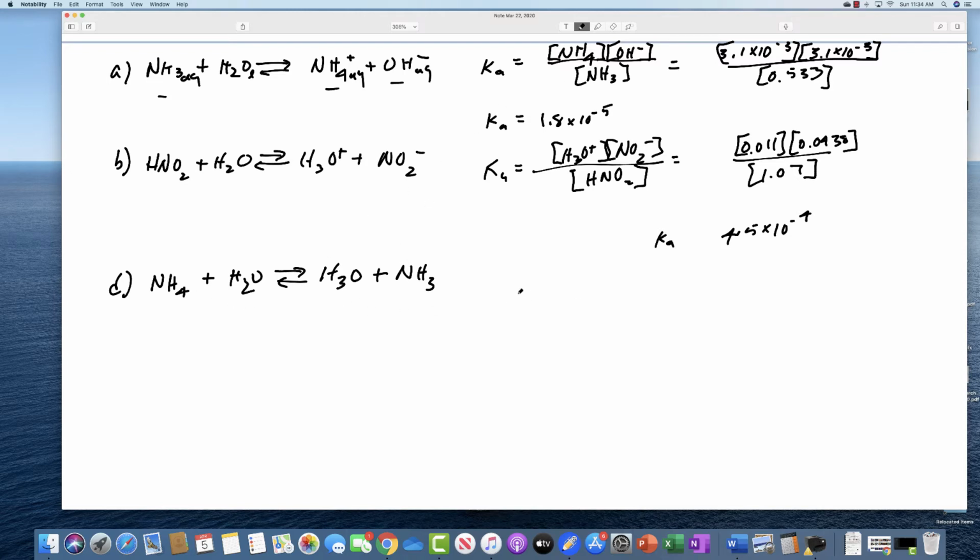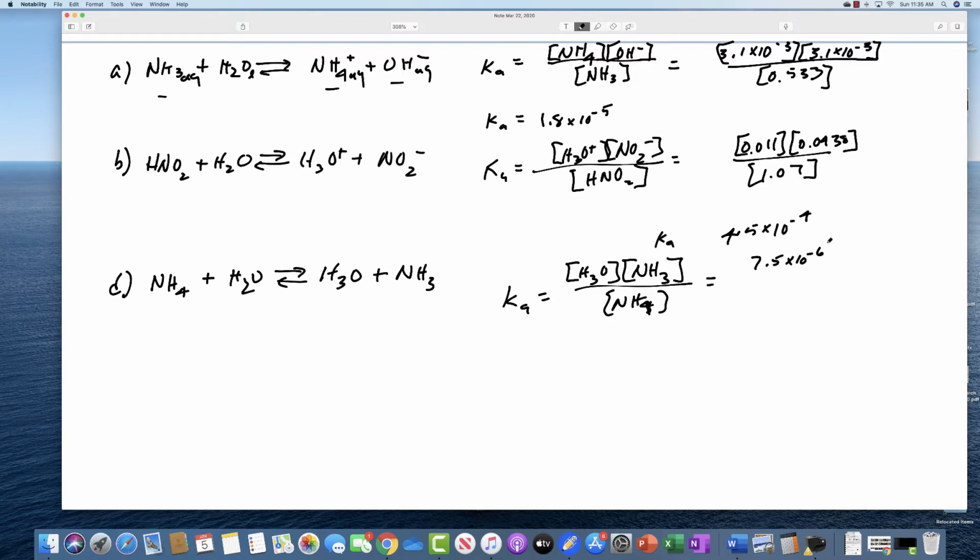And so now we have a Ka, which is going to be H3O times NH3 divided by NH4. If we put that in here, NH3 is 7.5 times 10 to the minus 6.